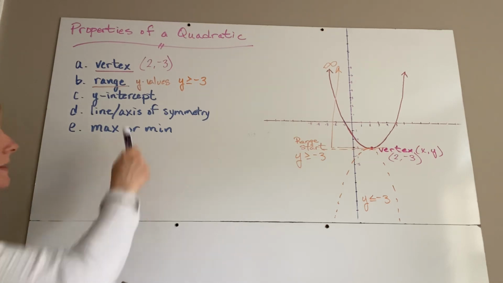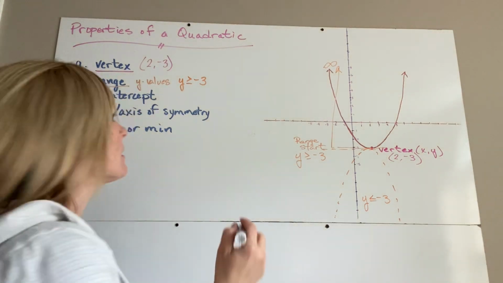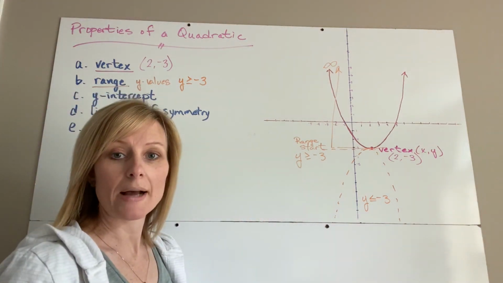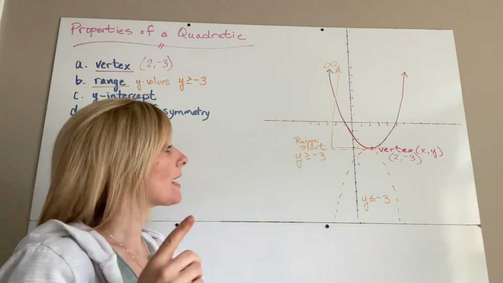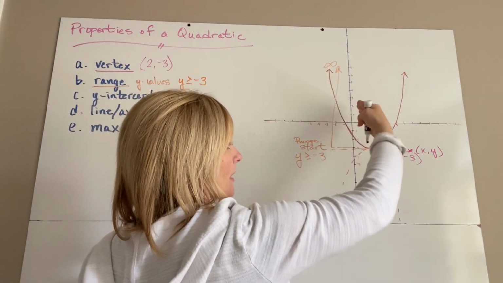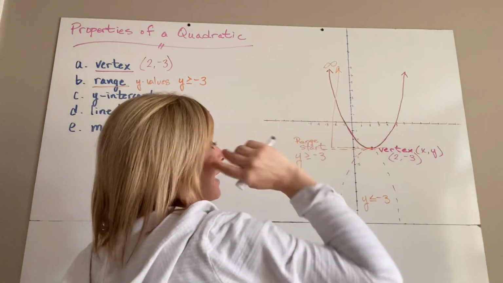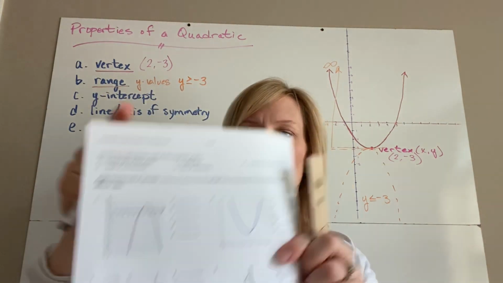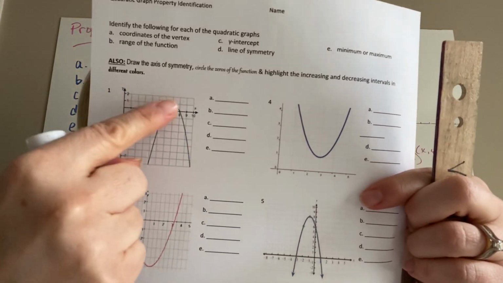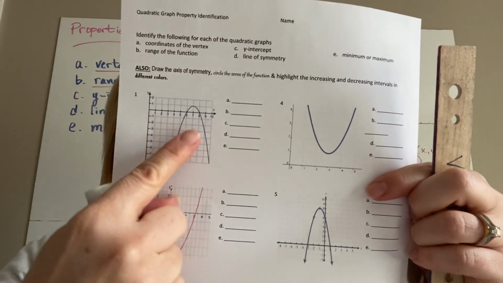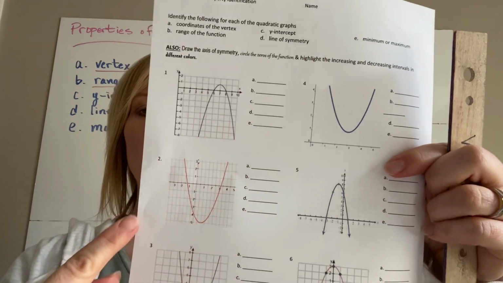All right, next, we're going to talk about the y-intercept. The y-intercept is where the graph is going to cross the y-axis. There's only ever going to be one y-intercept because the parabola isn't going to curve back on itself. It's not going to cross again. Sometimes you won't be able to see a y-intercept. For example, on this one on your graph, you can't see it. We know it's going to cross the y-axis eventually. As this continues down, it's going to go wider and wider.